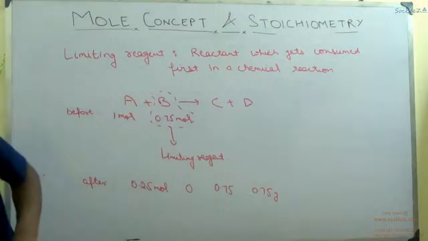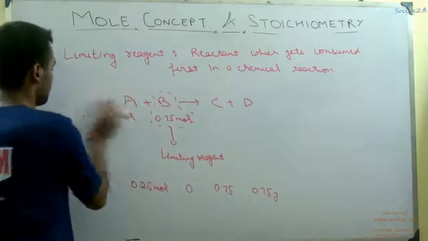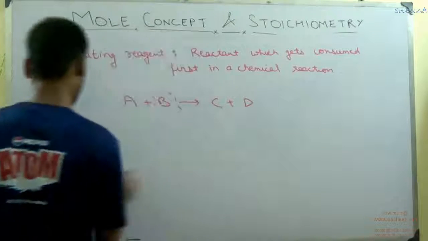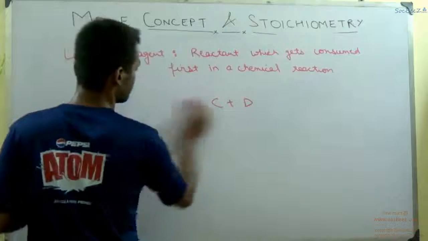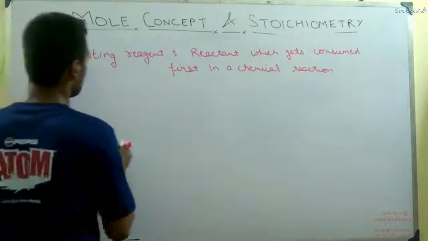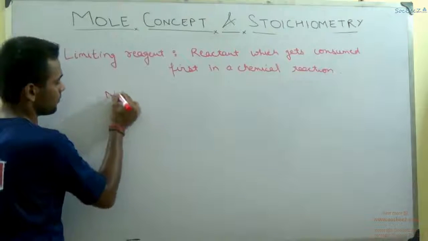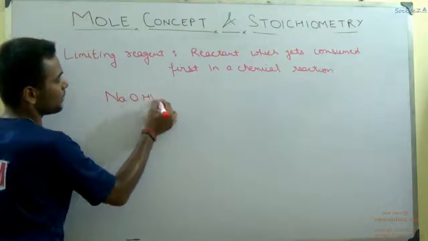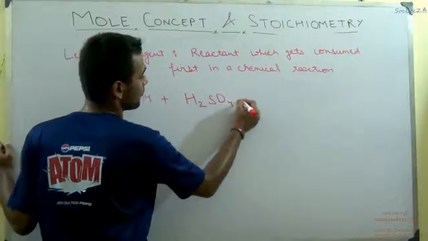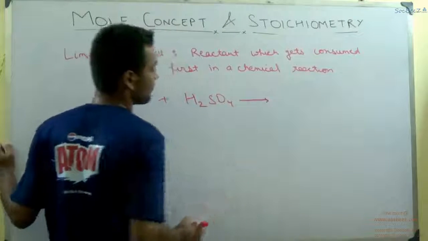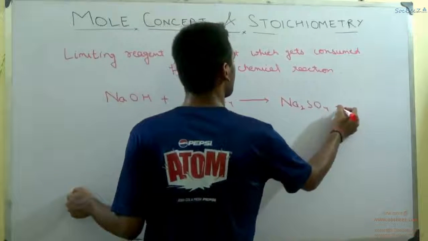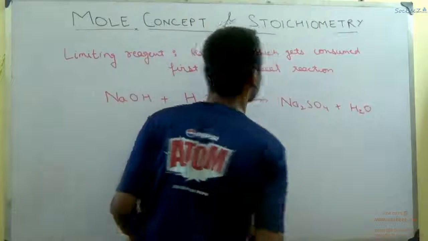So let's see one example here. Suppose our reaction is given to us: NaOH plus H2SO4 gives us Na2SO4 plus H2O.